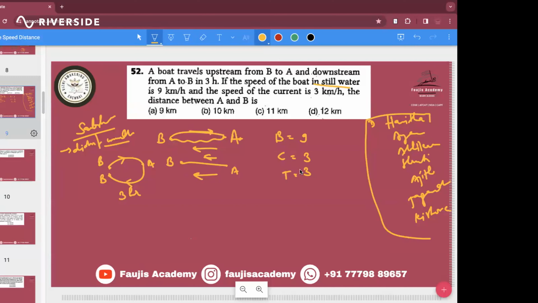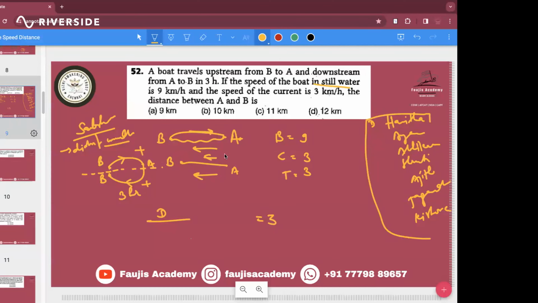If we add the time taken for going and the time taken for returning, we get the total time as 3 hours. But we don't know how much is the distance. This is what they have asked. So the distance while going is D, and time is distance by speed.